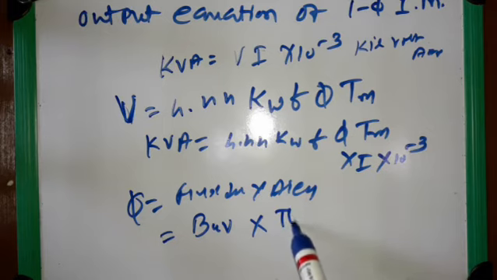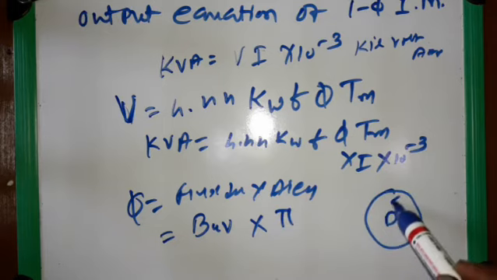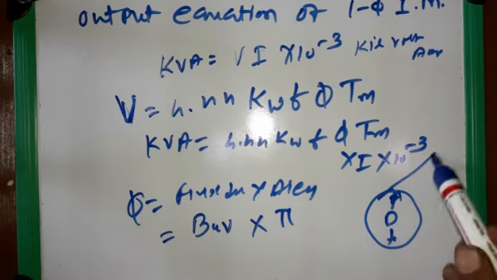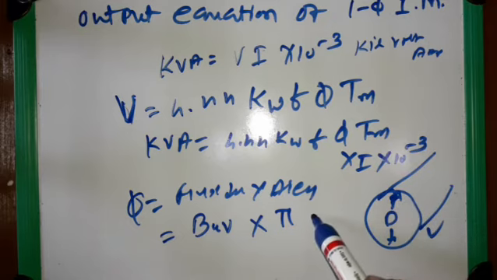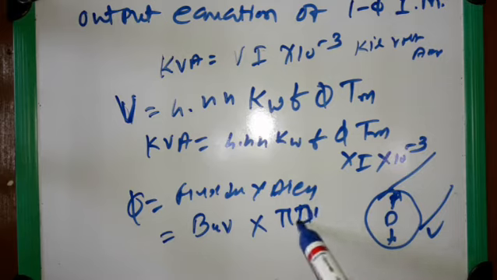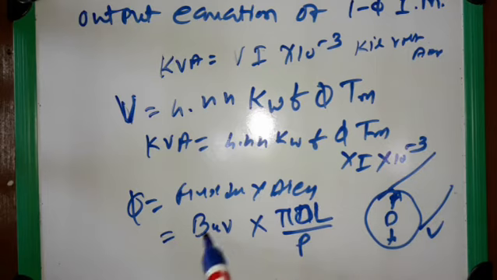Suppose our diameter is D and the length of the rotor is L. So pi into D is our total periphery, multiplied with L we find the total area, which is pi D L, and divided by the number of poles we find the area per pole. So the flux phi is the area into Bav.